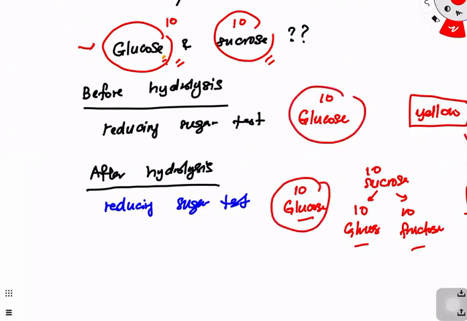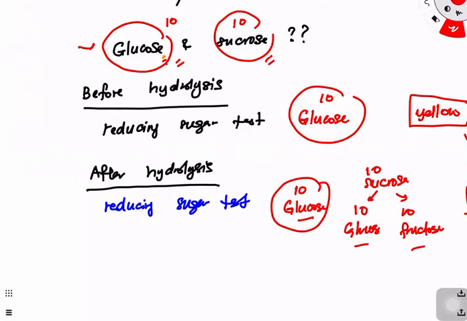If sucrose only, it's easier: the first one has no reaction, so blue, and the second gives a color, let's say orange. So this is how you differentiate whether there is glucose only, sucrose only, or a mixture of glucose and sucrose. Are you clear?